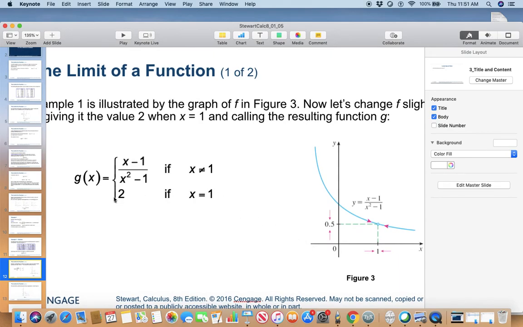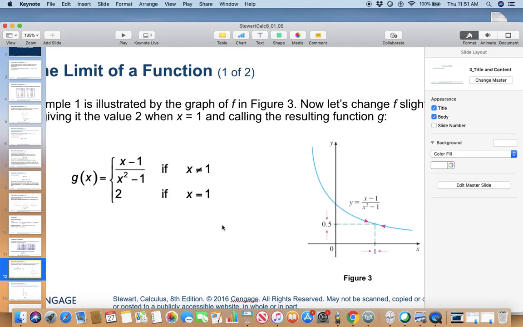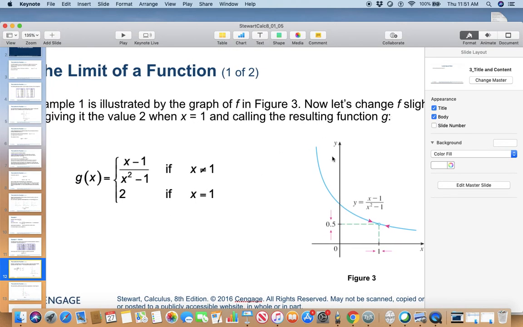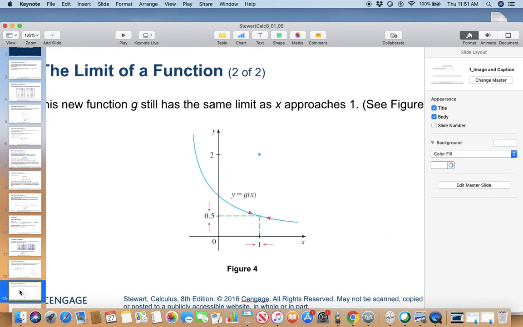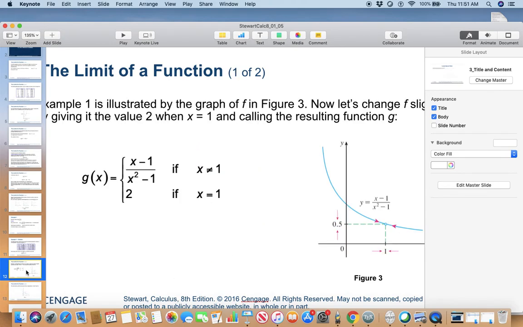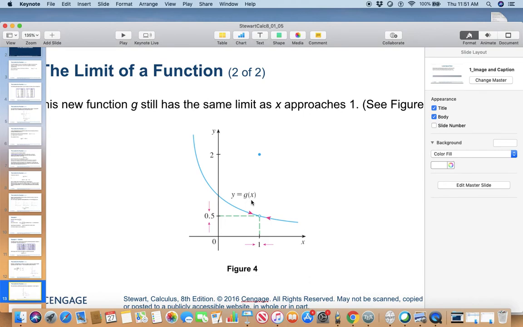So consider the function g(x), which is (x minus 1) over (x squared minus 1) for any x other than 1. But at x equals 1, you give it height 2. Okay, let's change f slightly. Then this looks exactly like this, but there is a small difference. Look at g.